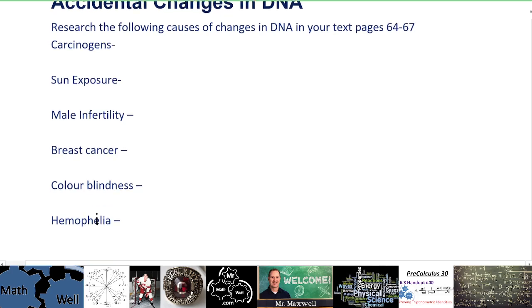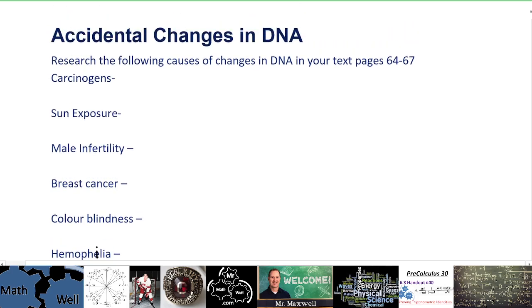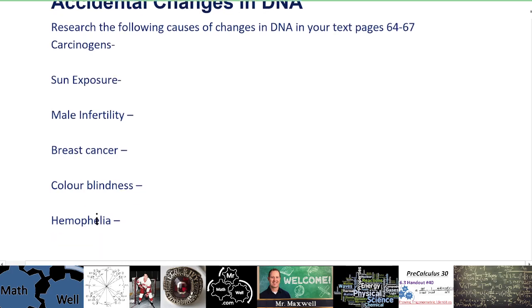What I want you to do, mainly from your textbook, is look up pages 64 to 67 and make your own notes on these topics. It's a bit of independent study for the rest of the class. I want you to write what you can learn about what carcinogens are, what effect they have, and how they change the DNA. So do your own little research on here.